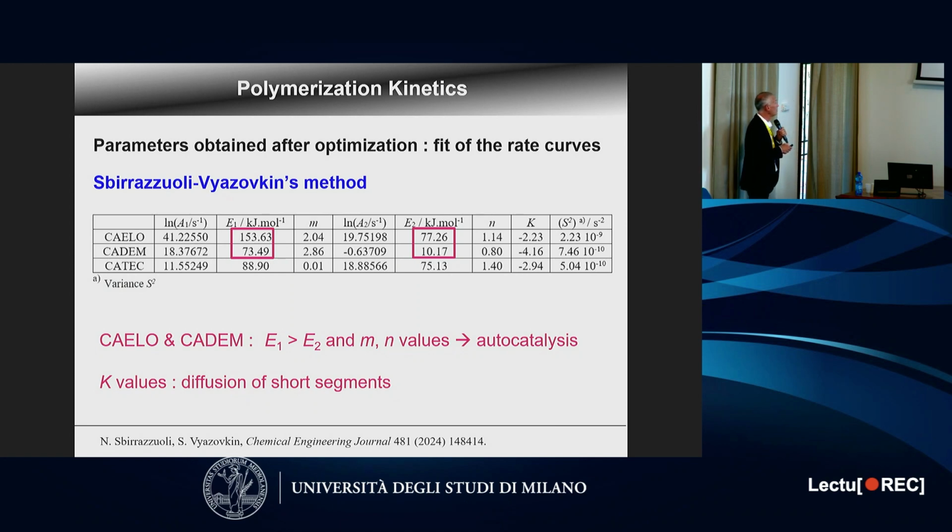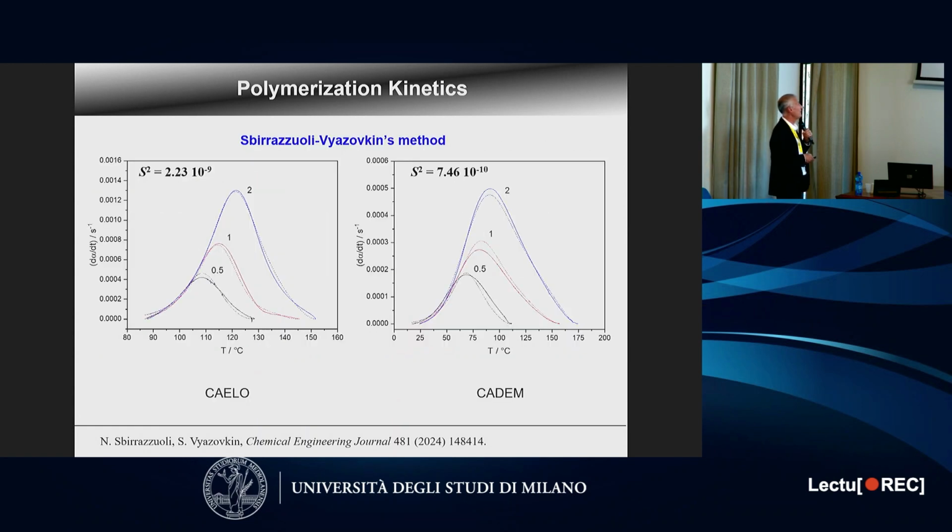And then if we look at the other system, it is in agreement with autocatalysis because we have the activation energy of the non-catalyzed reaction, which is higher. And also we have values that agree with diffusion of short segments when the polymer is cross-linked. So when you have a solid, diffusion of a short polymer segment is very important.